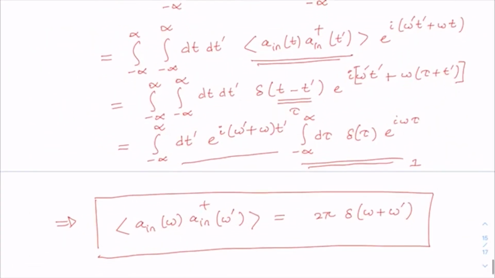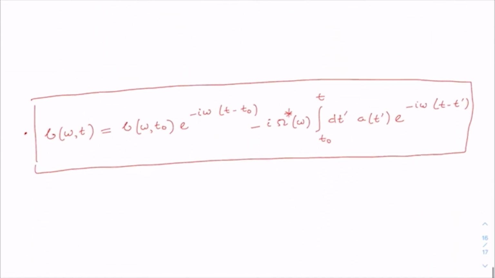Now in contrast to the bath mode solution, we can write another solution in terms of a final time t1 rather than the initial time t0. While we have written this particular solution going from the initial time t0 to some given time t, we can have another solution where we go from the final time t1 to this time t.